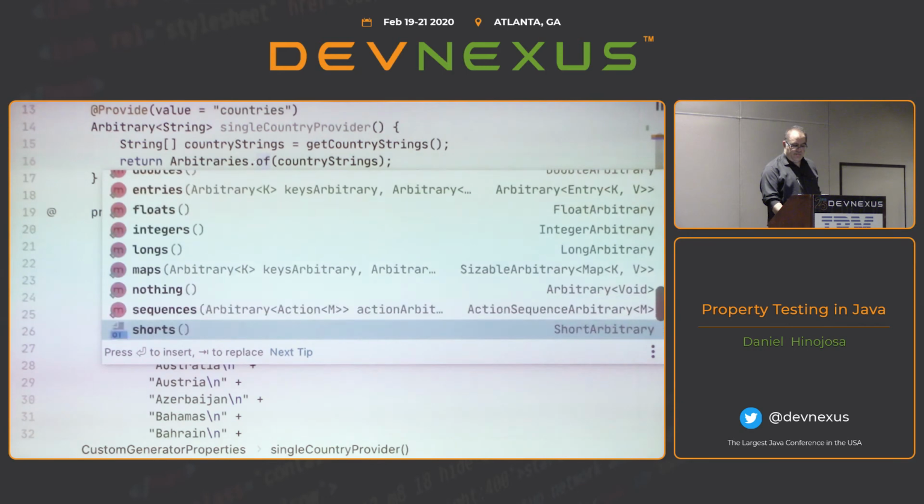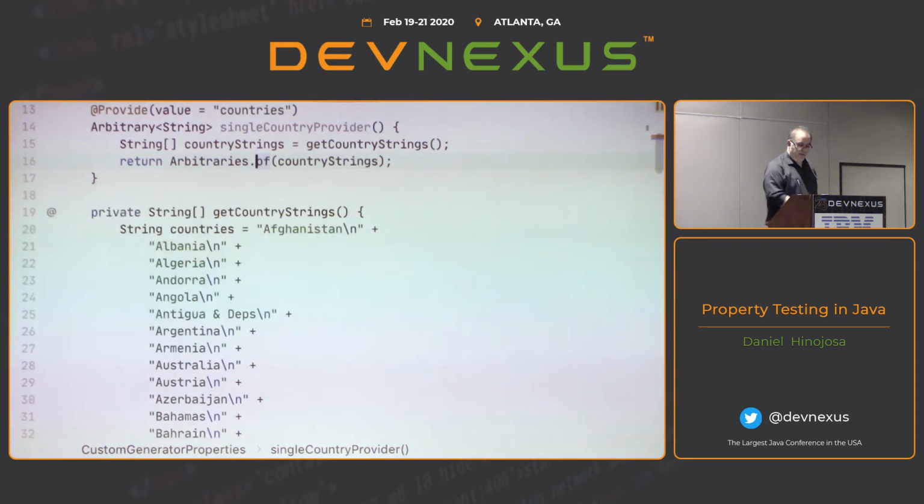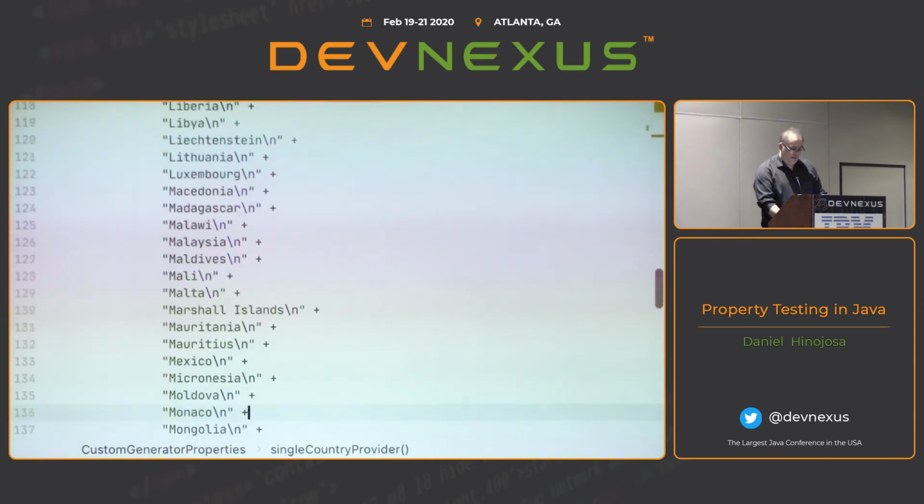And you can kind of see that you have a lot to work with here. And whatever kind of values you want to create, you could do so here through this arbitraries. Now that you have this arbitraries in here, you could plug this in to your particular property.